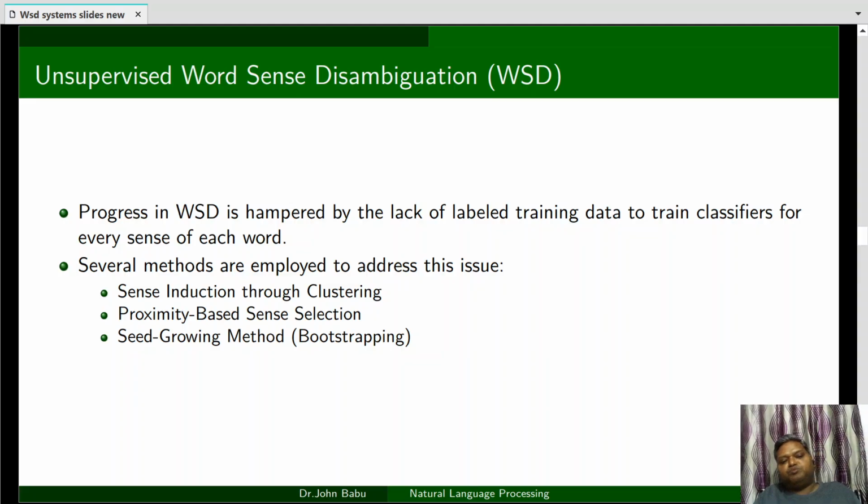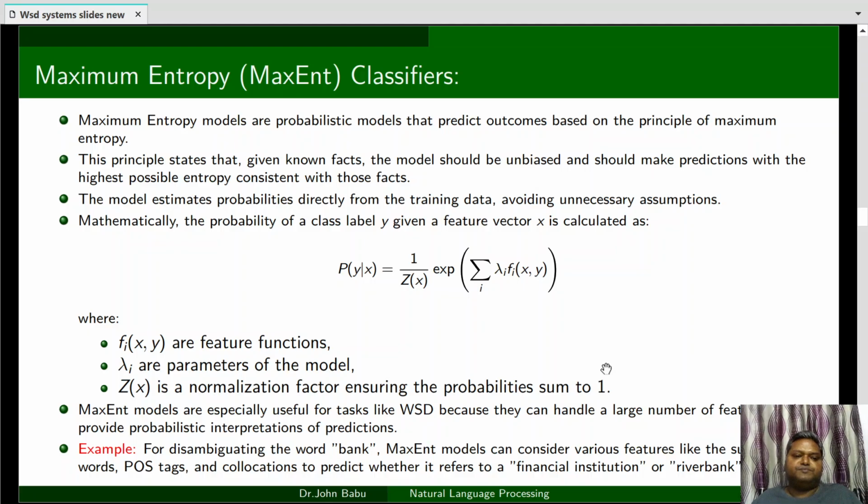One is using clustering to get sense induction. Then we can use proximity based sense selection. Then the third one, bootstrapping method, the seed growing method.